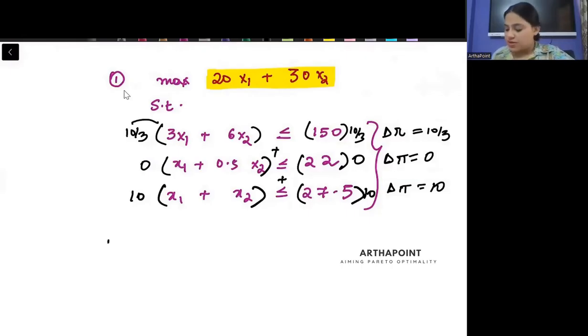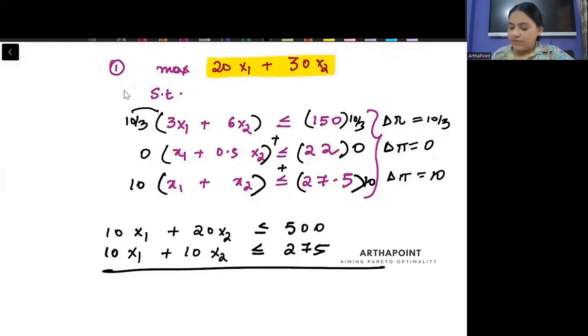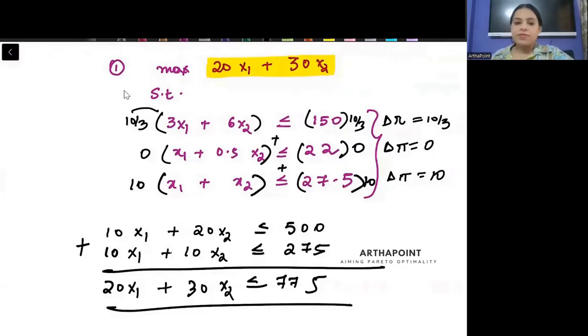If I just multiply this, 10x1 plus 20x2 less than or equal to 500. From the second equation 0, and from the third 10x1 plus 10x2 less than or equal to 275. And if I add them together, what will come, beta? 20x1 plus 30x2 less than or equal to 775.